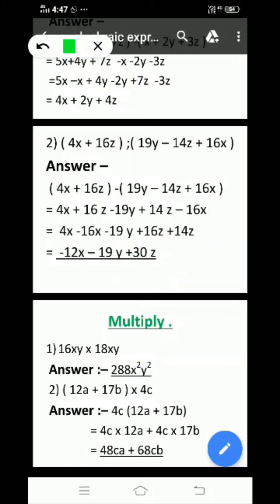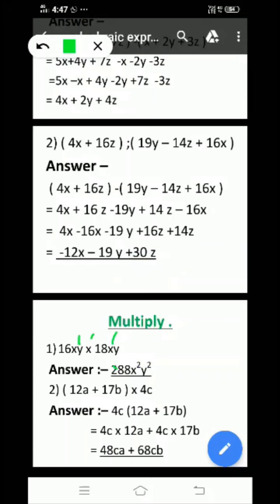These are very important sums. Now the last question is multiplication. Multiplication is also very important. Just see, 16xy multiplied by 18xy. 18 into 16 is simple multiplication, that will be 288. x into x will be x square, because here the index is 1 and here the index is 1, and 1 plus 1 is 2.